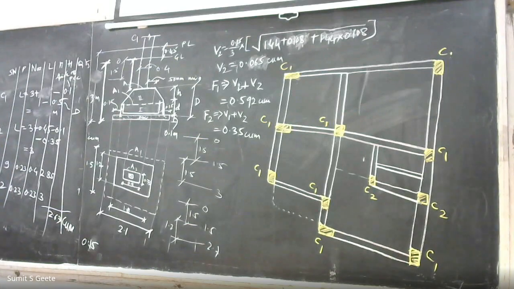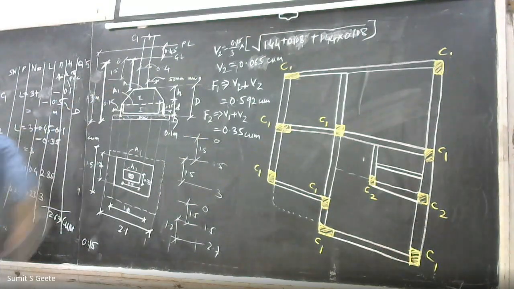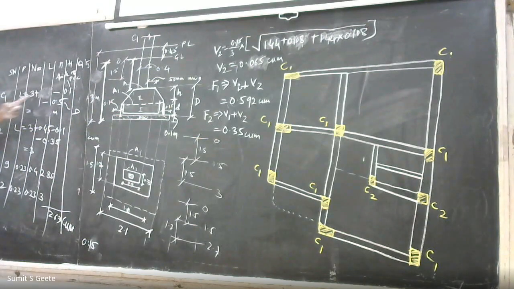I want this side. So 0.1 minus this. So 3 minus 0.1 minus 0.5 and इस केस में 3 minus 0.1 minus 0.5.